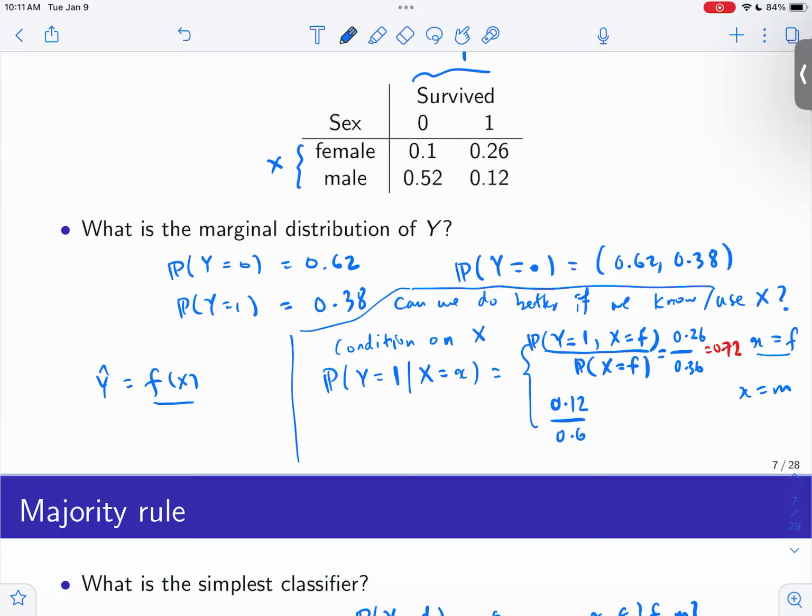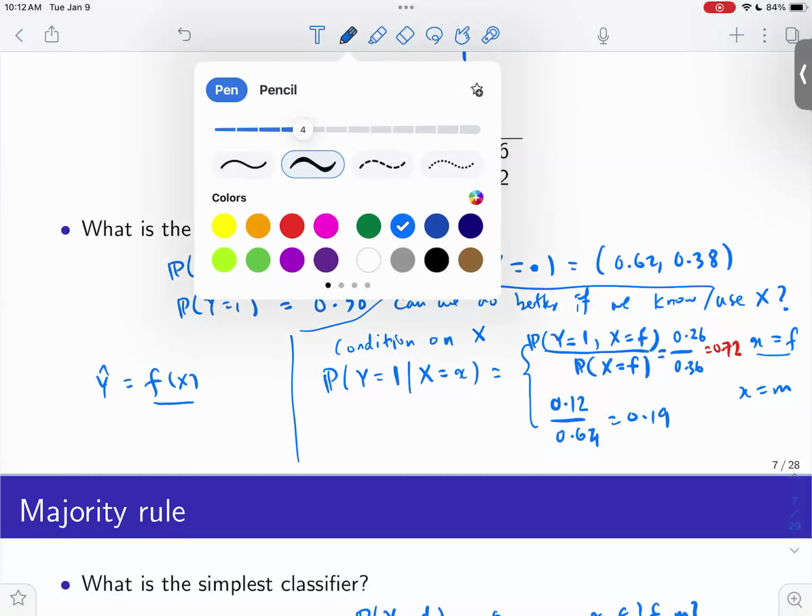Okay, is this correct? So 0.19, I suppose. Just make sure the numbers are right. Okay, yeah, we have to sum these two. Right, okay, but in the end, that's the result.